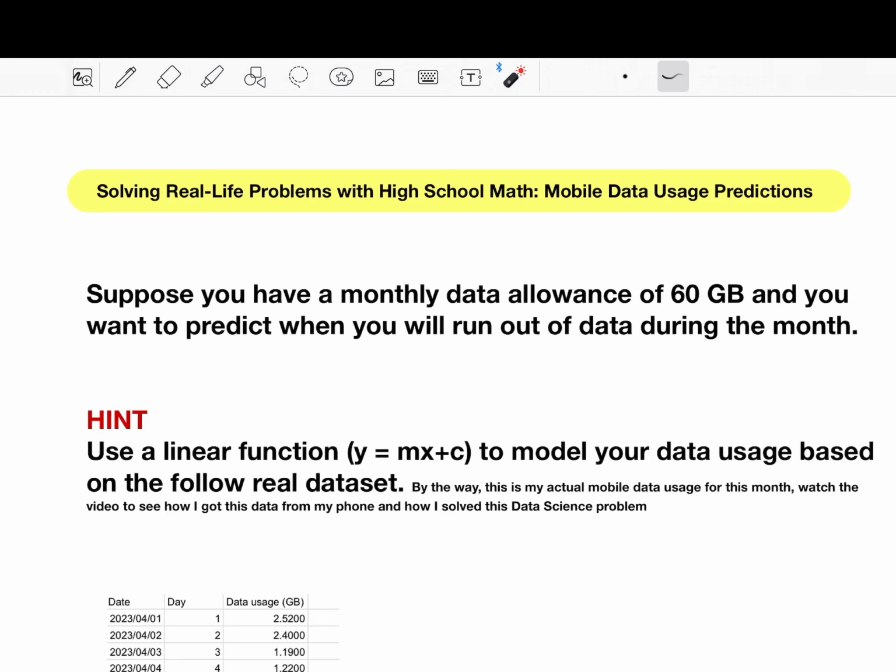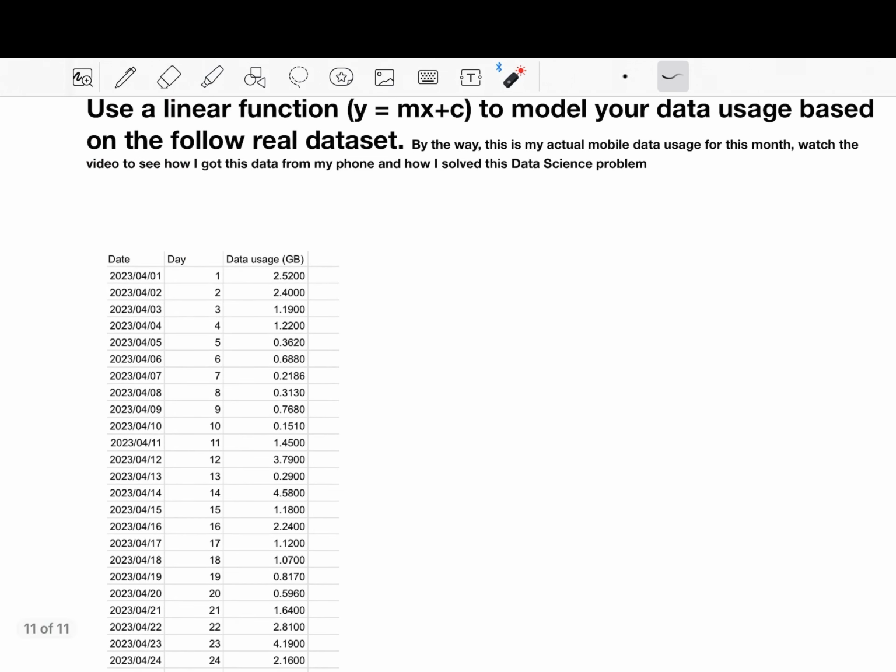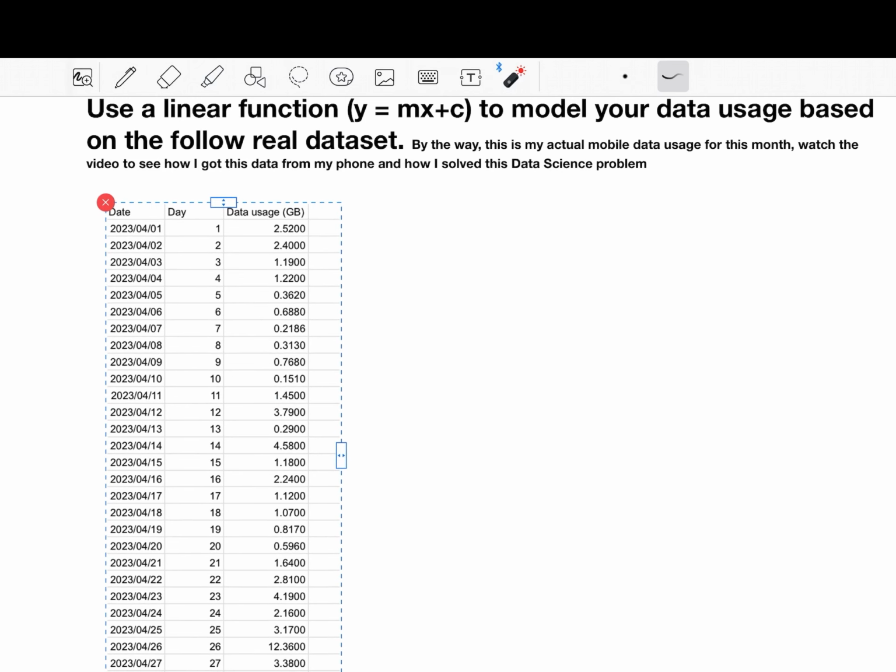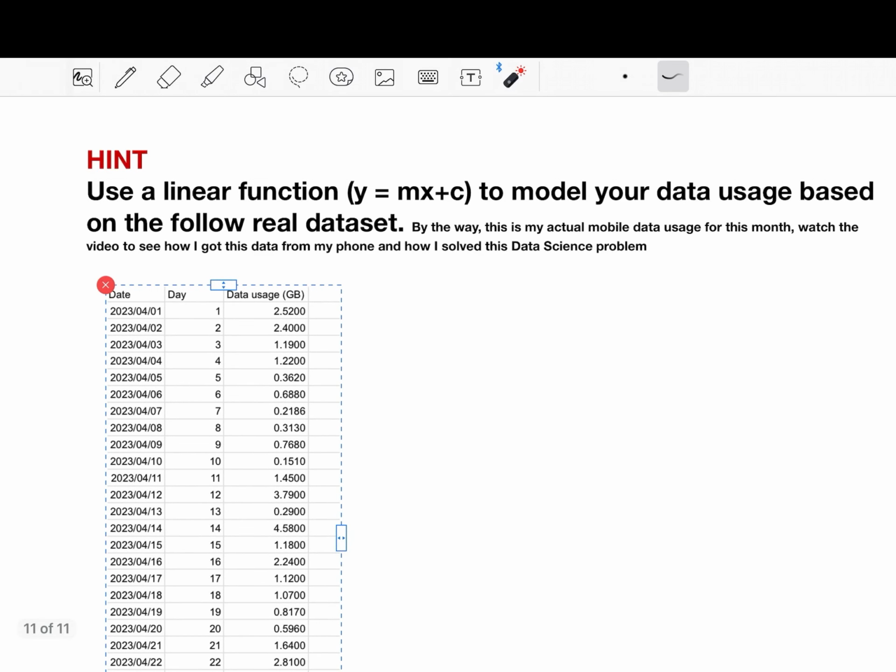And the nice thing is, in this video, I'm also going to show you the way to actually get this data. It is actual data that you can use to solve this problem. I use my actual mobile data, and I'm going to show you how you can get this data yourself from your mobile phone, and also how to solve this problem.